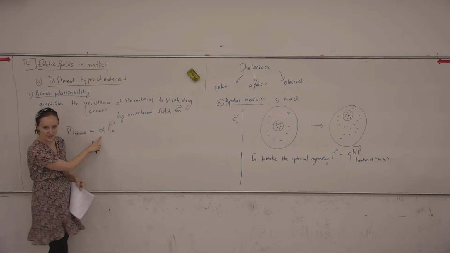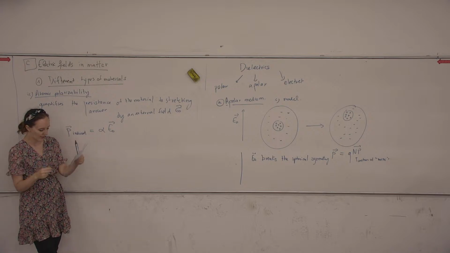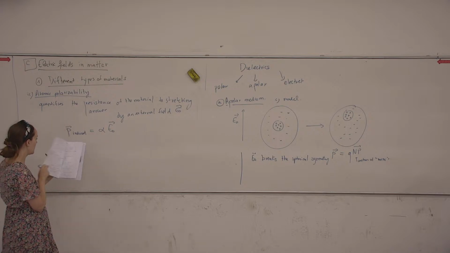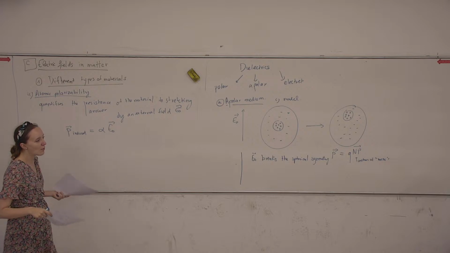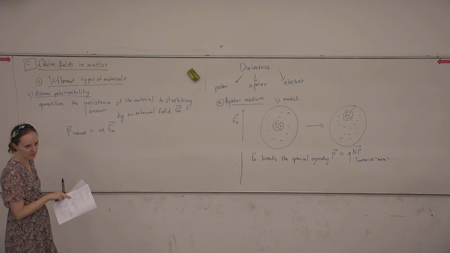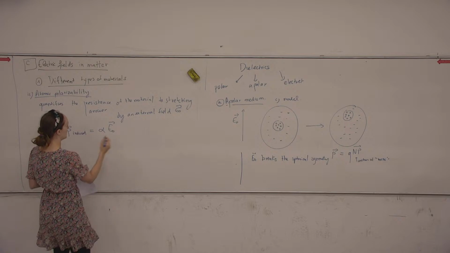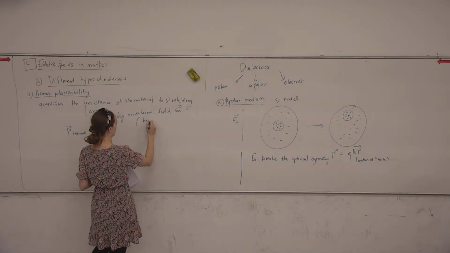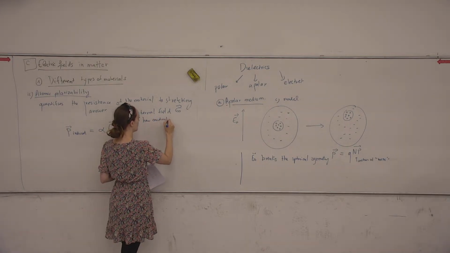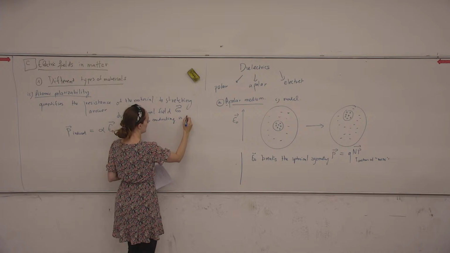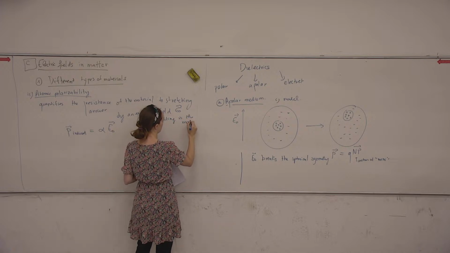This is the definition of the polarizability alpha, and it tells me how conducting the material is.